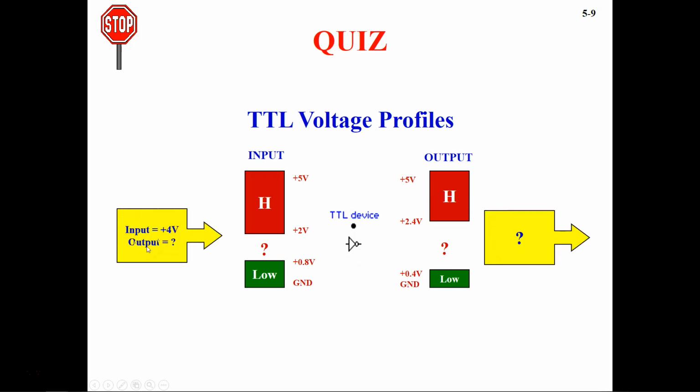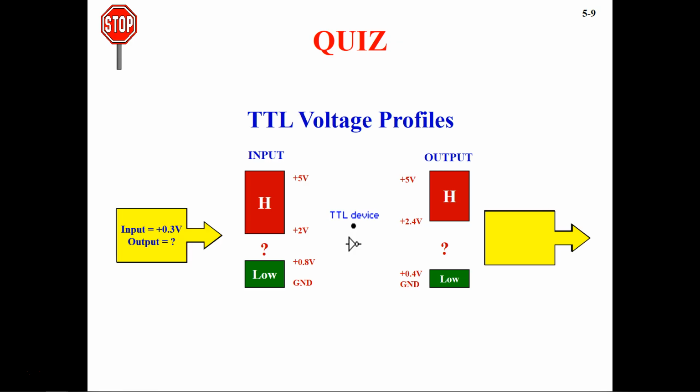Okay, so now the input you are having is 4 volts, and what is going to be the output? The 4 volts is going to lie in the high range between 2 volts and 5 volts, so your output is going to be high.